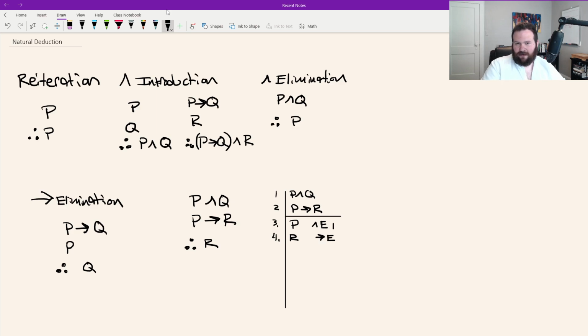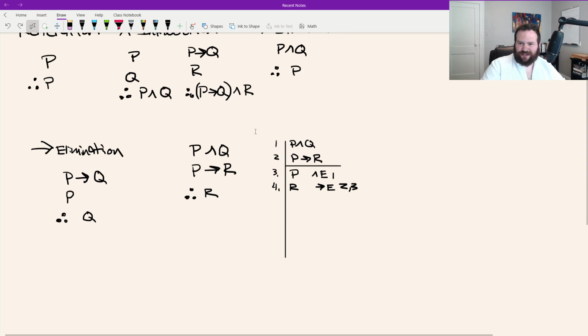And here's the thing, always cite the line with a conditional on it first. So 2, 3. Okay? 2 and 3. You cite the line with the conditional first. And the second thing you cite is the line that has the left side of that conditional, that has the key. Okay? Simple as that. So conditional elimination is not so bad.